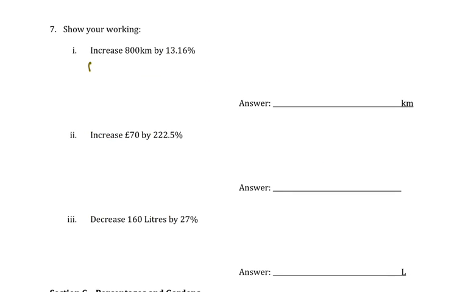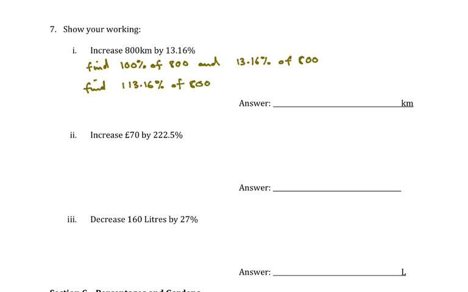The next questions are on increase and decrease. And we're going to turn these increase and decrease into find questions. So if we increase 800 kilometres by 13.16%, we're finding 100% of 800 kilometres and then adding on 13.16% of 800 kilometres onto it. So really, we could think about finding 100% and 13.16%, which is the same as just finding 113.16% of 800.